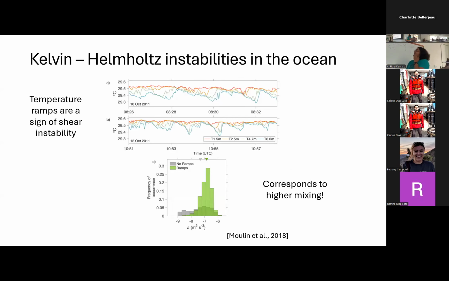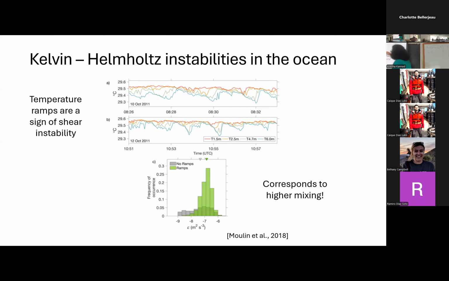Another way to see Kelvin-Helmholtz instabilities, in a very stratified ocean, is you can see these temperature maps. If you take your mind back to that simulation, you see a density gradient forming. So this is a gradient in temperature that you see here.